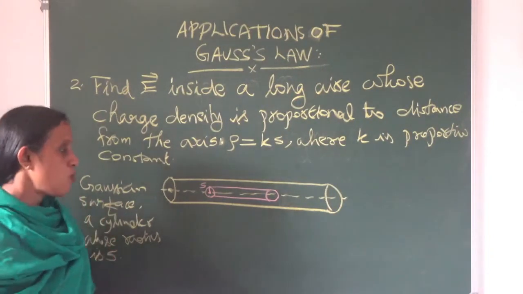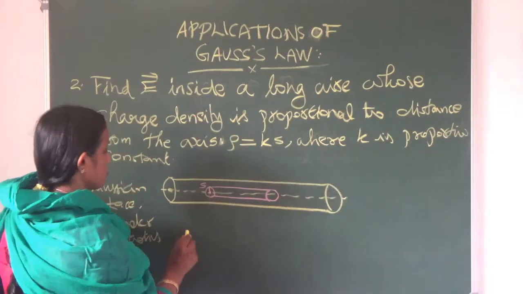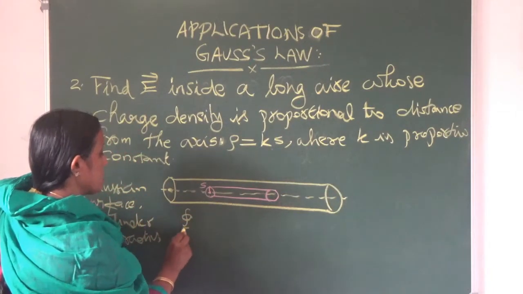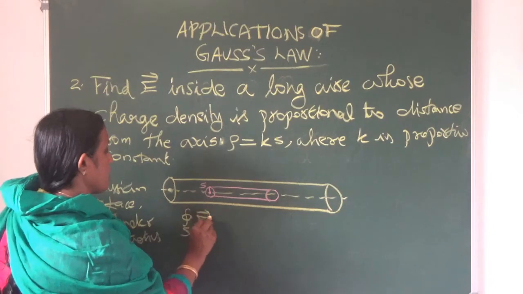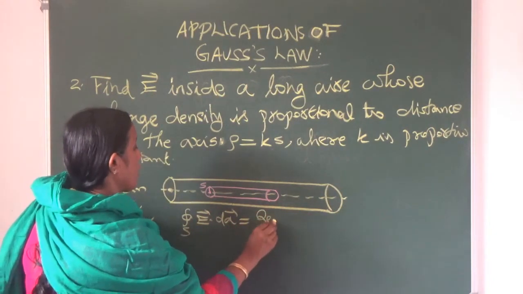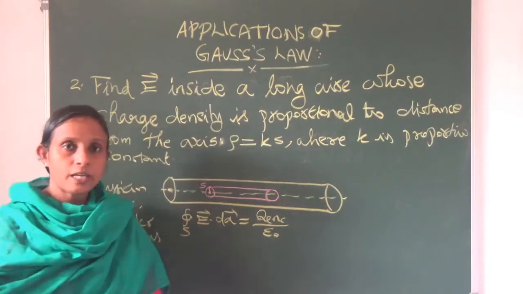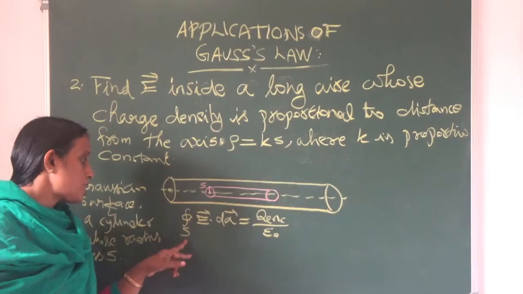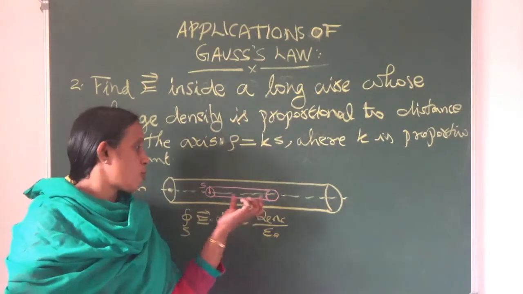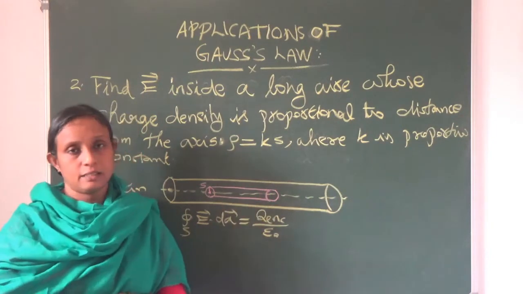Okay, now we already learned that by Gauss's law, the surface integral of E dot dA equals Q enclosed divided by epsilon 0. Here the closed surface is assumed in the form of a cylinder. The Gaussian surface is a cylinder.